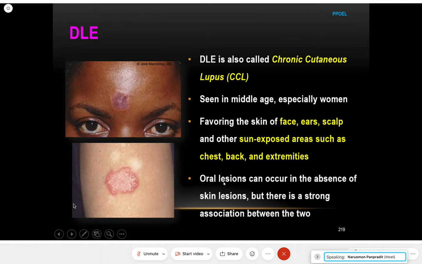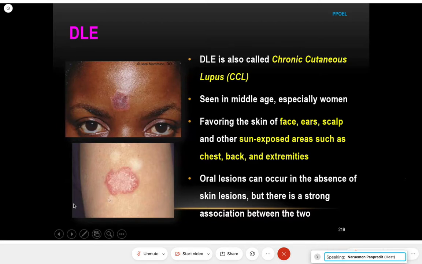And how about the DLE, called discoid lupus or cutaneous lupus, where we emphasize skin lesions. The skin lesions are most common in sun-exposed areas like the face, ear, scalp, and also the chest, back, and extremities. This is an example of a skin lesion of DLE.